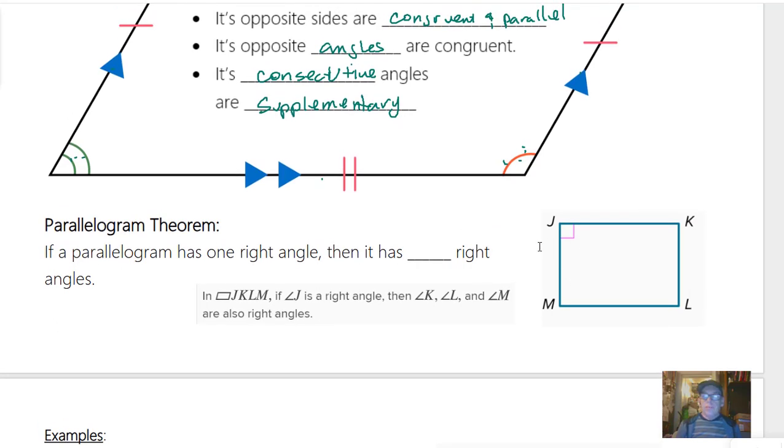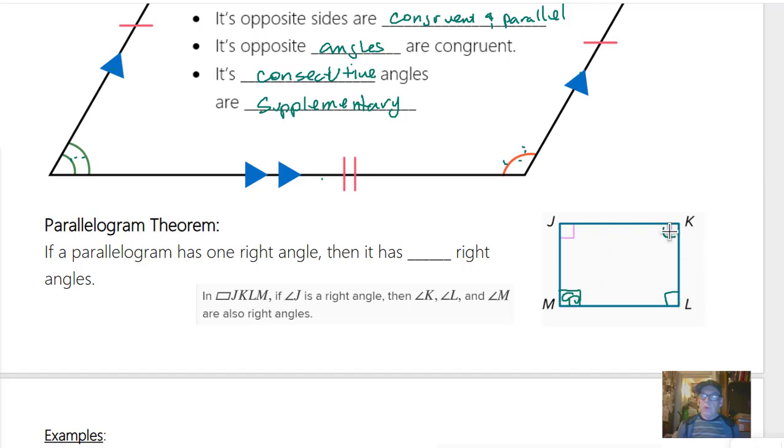So let's look at this. If in a parallelogram we throw a right angle in at one of the angles, then because consecutive angles are supplementary, if this is a 90, this has to be a 90, and this has to be a 90, and opposite angles have to be 90s.